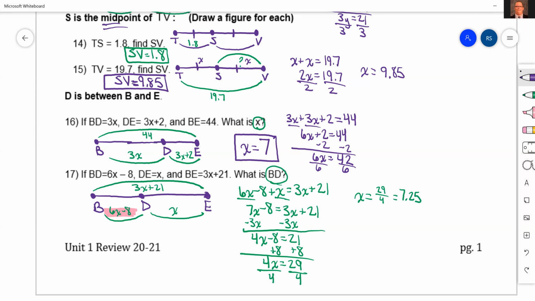Now, is that what it asks us for, though? No, it asks us for BD. So we have to plug it in. So BD equals 6 times 7.25 minus 8, which gives us, let's see here.